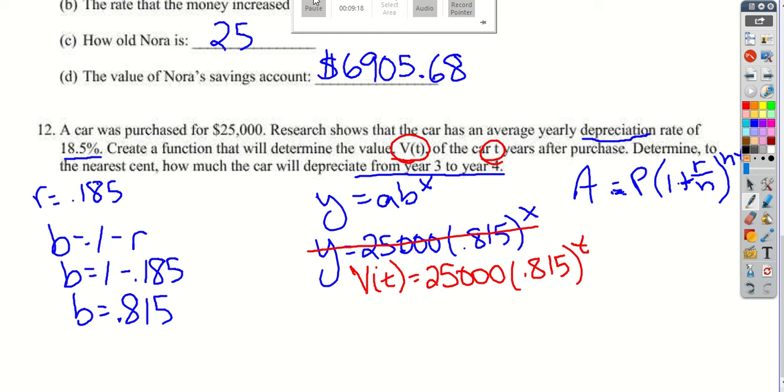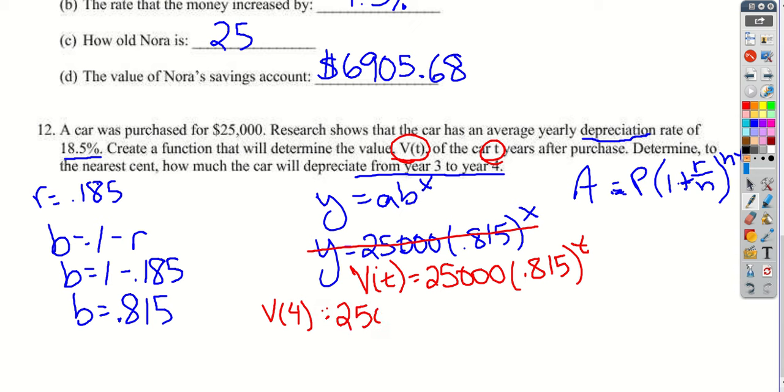Okay, so we need to do this for the year 3 and then year 4 and basically subtract them. So first we'll do v of 4. So same formula, 25,000 times 0.815 to the 4th. We'll get that amount. So v of 4 equals, and we'll figure that out.